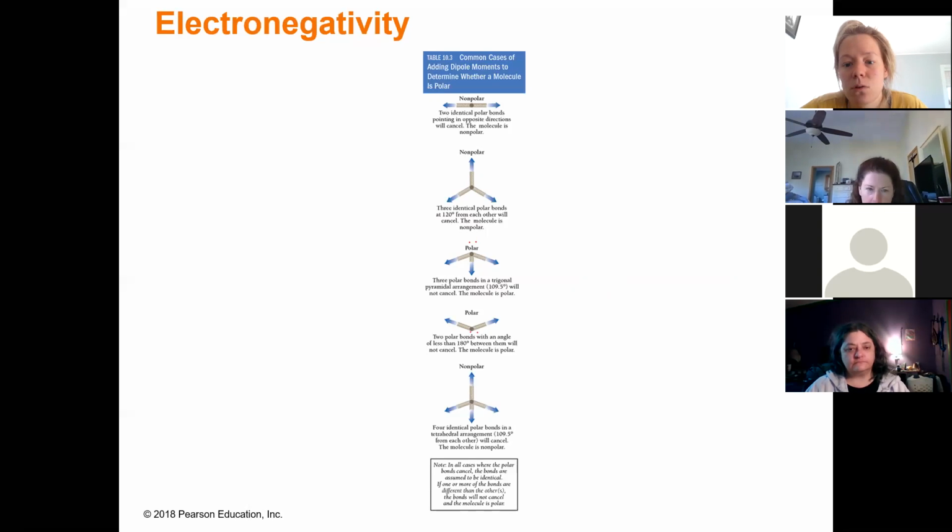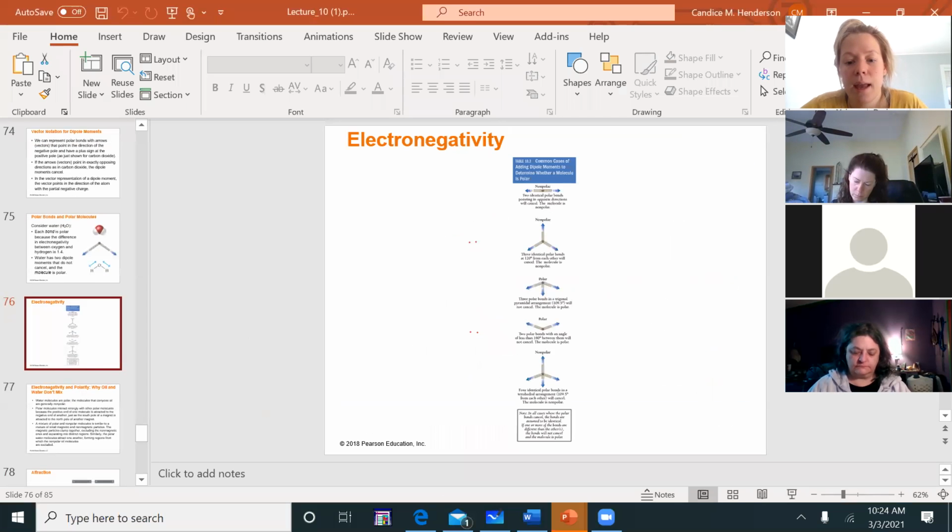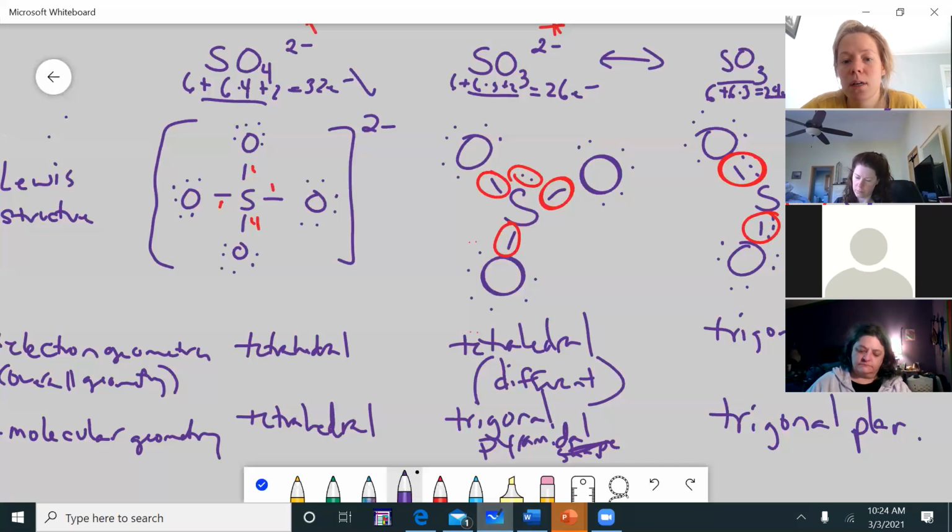So let's look at those three that we had done earlier and ask ourselves, is it polar or is it non-polar? Oh, yeah, that is such a mess. So this first one here, would we say that this thing is polar or non-polar? Well, do you see any lone pairs on the central atom? I don't.